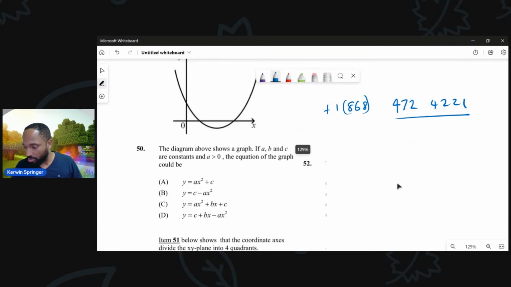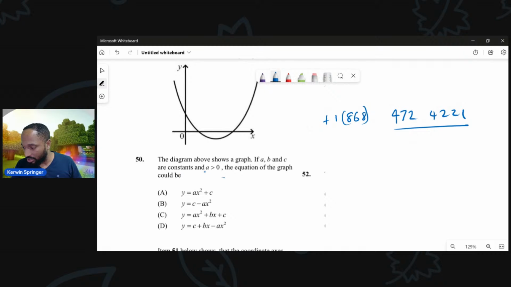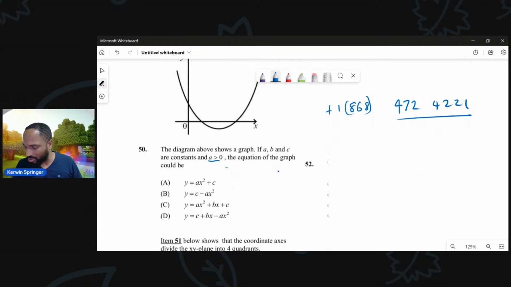Back to the question. A, B, and C are constants. A is greater than B. The equation of the graph could be what? They're trying to tell you that C exists, and you have two real roots and a minimum point. So A has to be positive. They really want the general form of a quadratic equation here, ladies and gentlemen.